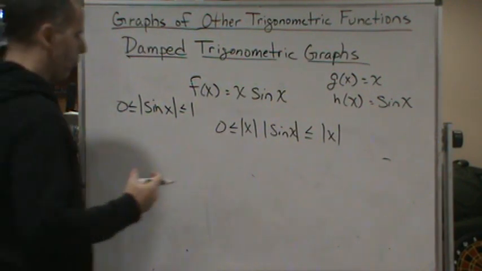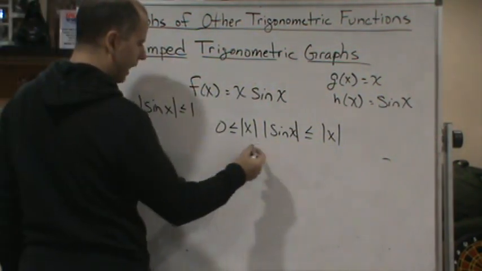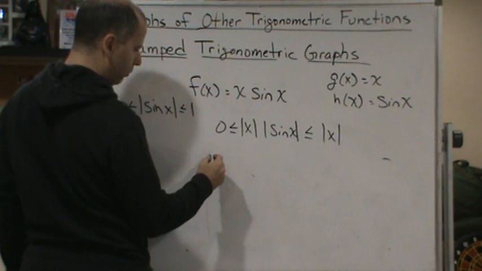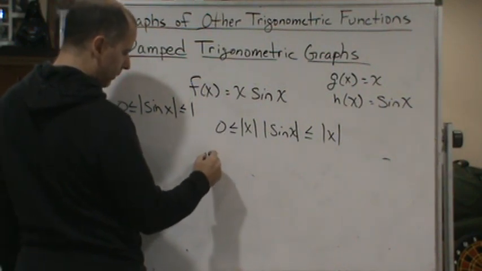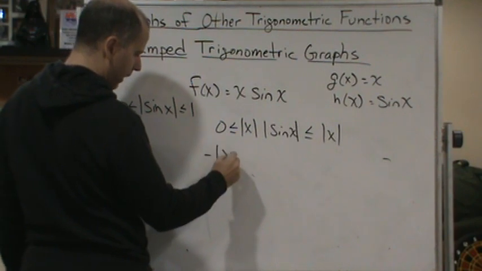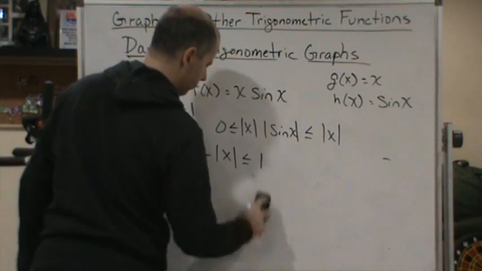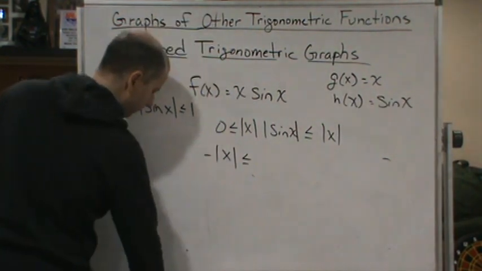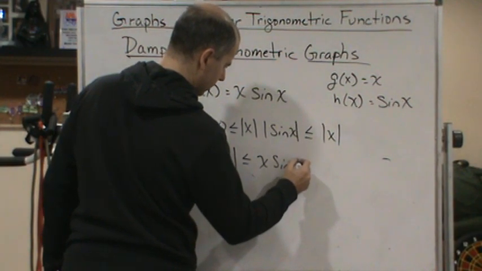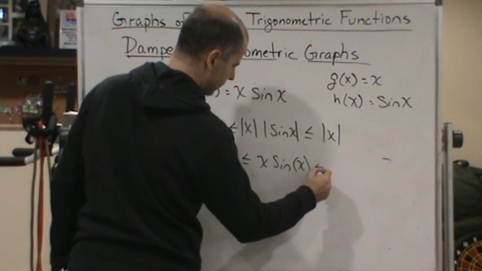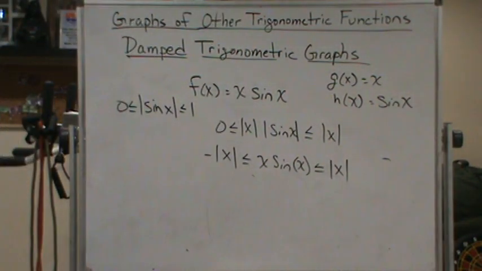Now, if we take away the absolute values, right? Well, that means that what's going to happen here is this is going to equal the negative absolute value of x less than or equal to x sine x is less than or equal to the absolute value of x.